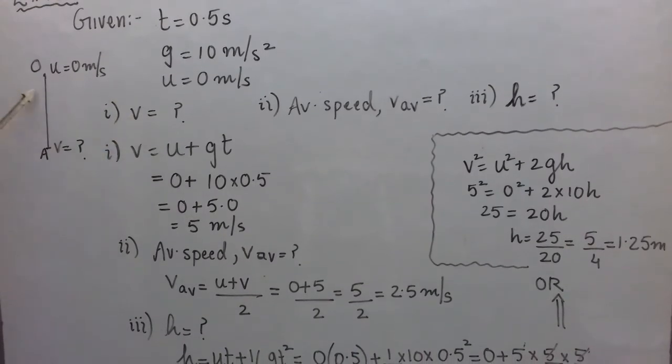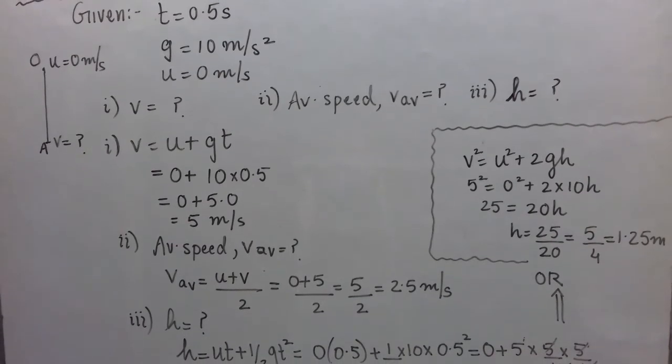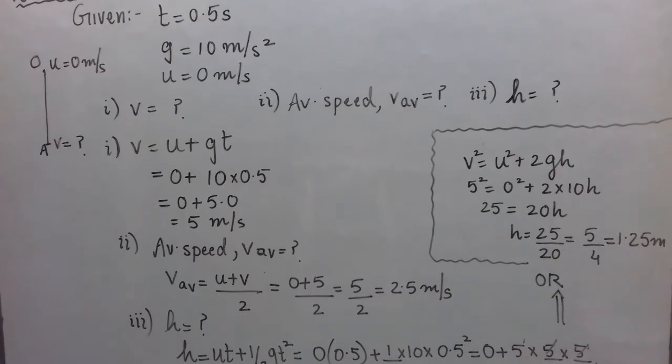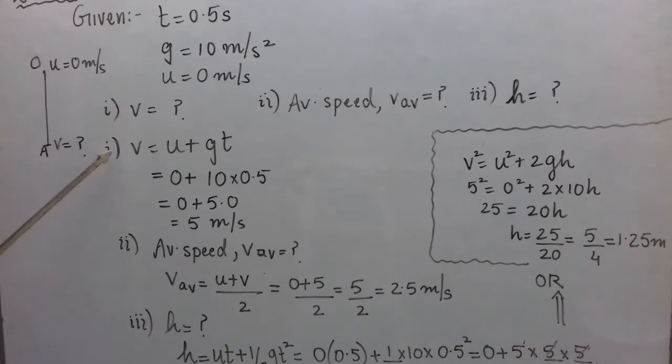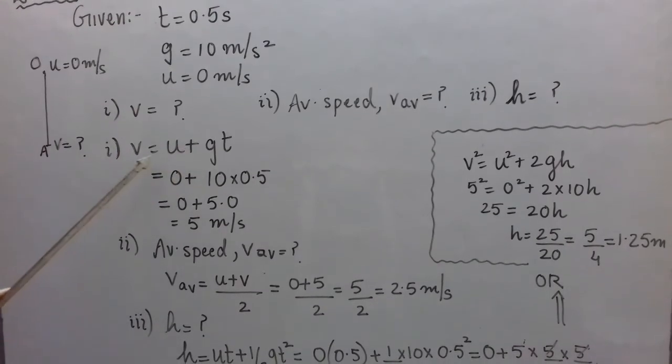As it is a case of a freely falling body, we know it is a case of uniformly accelerated motion. So we can use any of the three equations of motion. Here, we can easily see that by using the first equation of motion, that is V is U plus gt, I have used the equation written for a freely falling body.